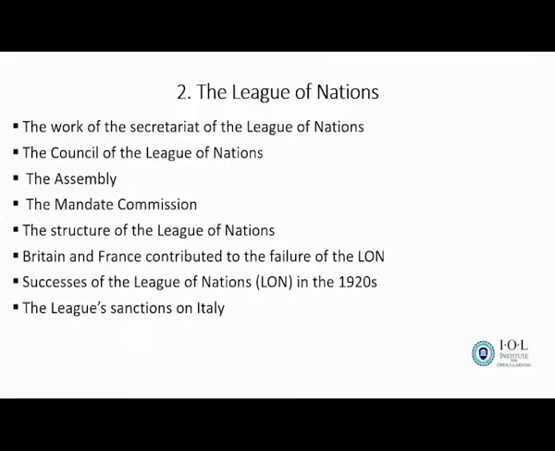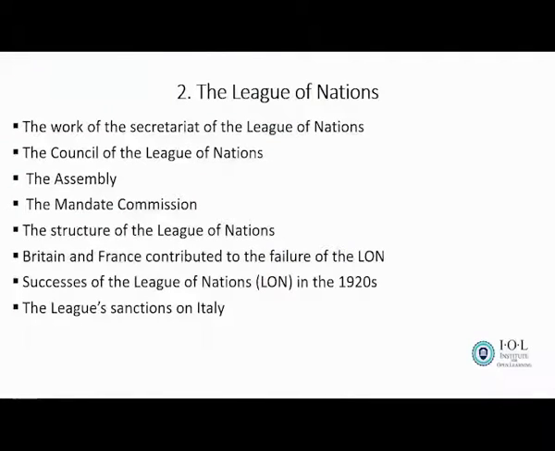Okay, but now, although the League of Nations was a failure, they were successful in other things. Let's give an example of a few successes of the League of Nations. We have the success of the island.